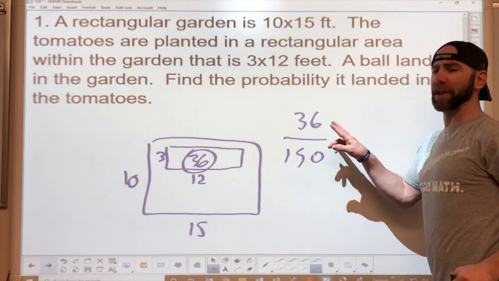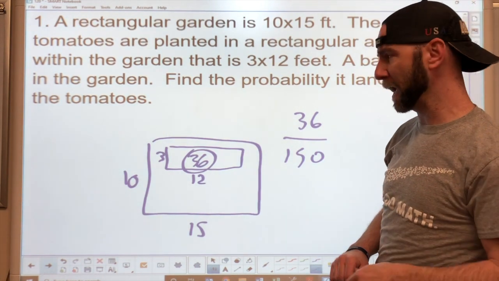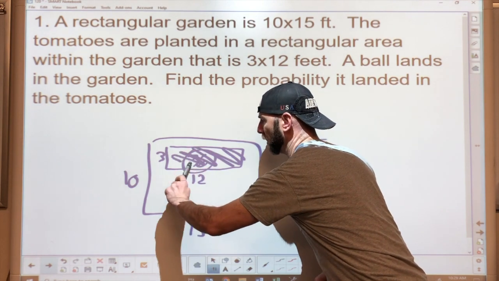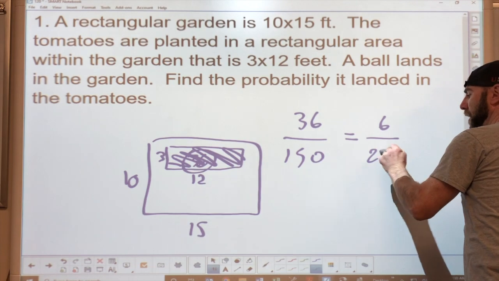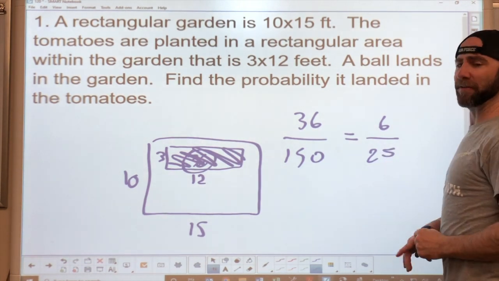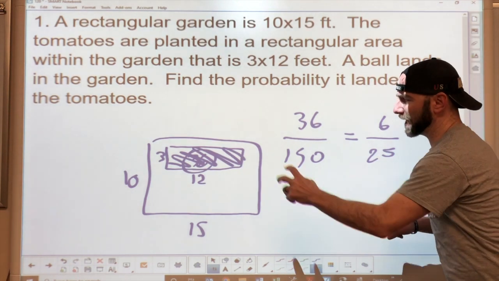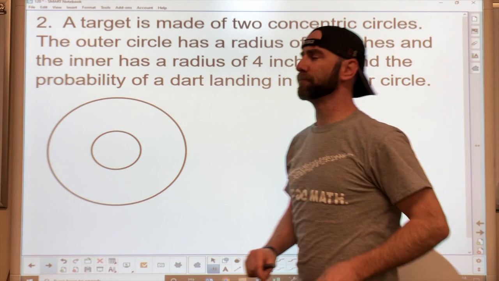Of course, take your answer there and reduce it, and you'll have your final probability of the ball landing inside the tomato portion of the garden. Here's our final answer. If 25 balls were thrown into the garden, 6 of them would land inside the tomato portion. Try this guy on your own.